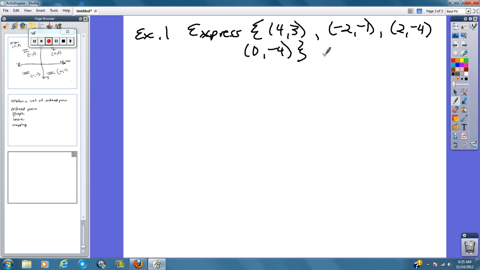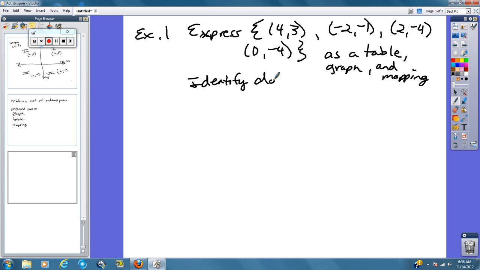Okay, and we're going to express this as a table, a graph, and a mapping. All right. And then we're also going to identify the domain and range. And I'm going to show you how I want this to look so that there is no discrepancy or no question about what it is I'm asking for.